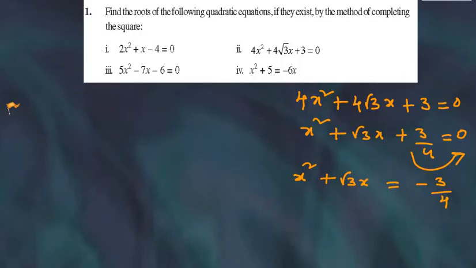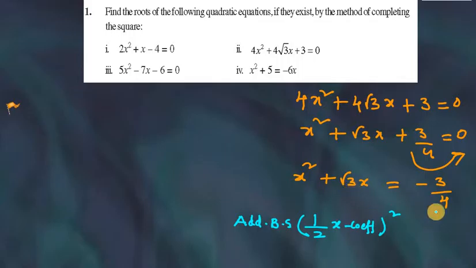I already clearly told that you have to take half of the x coefficient whole square and add to both the sides. Can you tell me what is the x coefficient here? Root 3. Half of that is root 3 by 2. Its square is root 3 by 2 whole square.